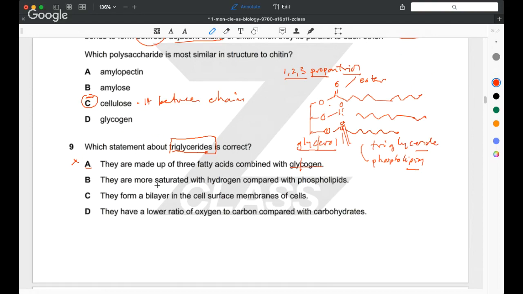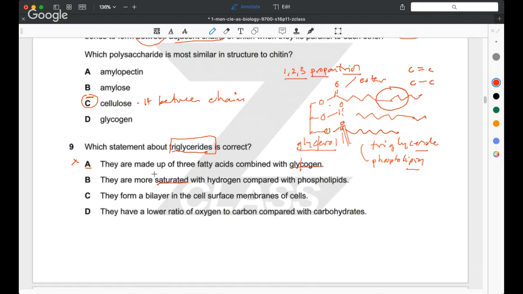And this, you see, what they're doing, they're kind of teasing you with words in case your understanding is shallow rather than deep, because you know saturation is something to do with these triglycerides as well. But the saturation is referring to the carbon-carbon double bonds or the fully saturated carbon-carbon single bond. So you might have in there a carbon-carbon double bond which is unsaturated, or a carbon-carbon single bond which is saturated.